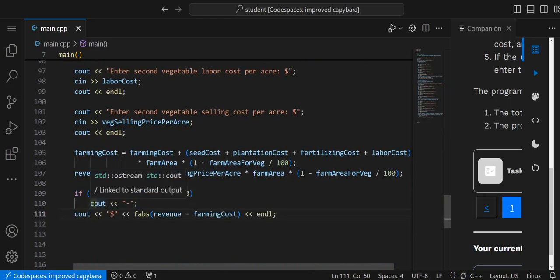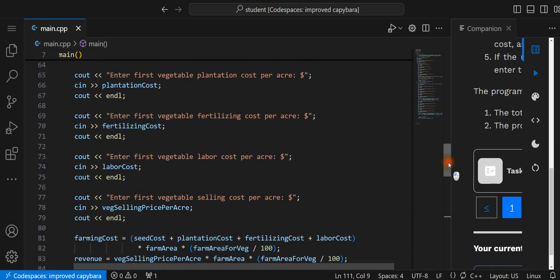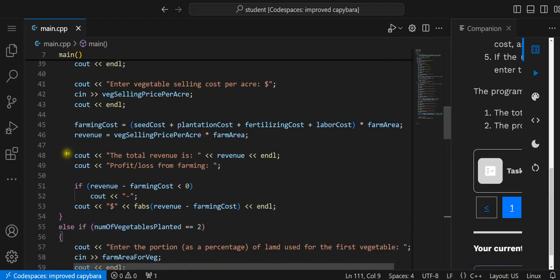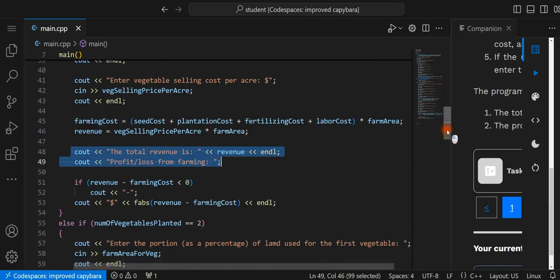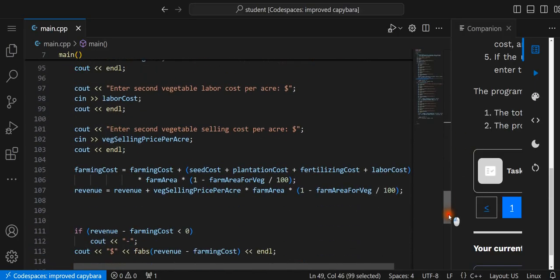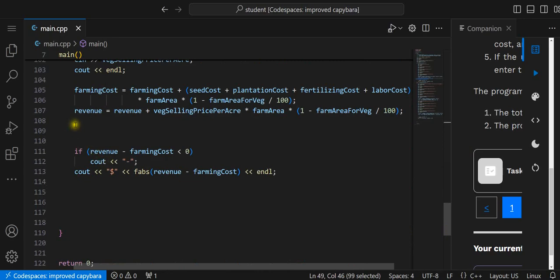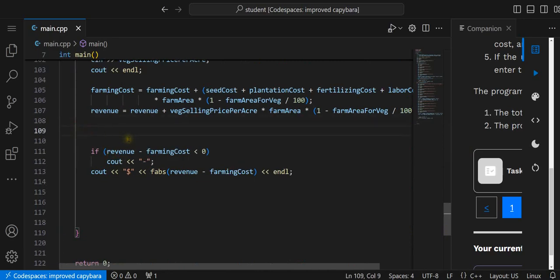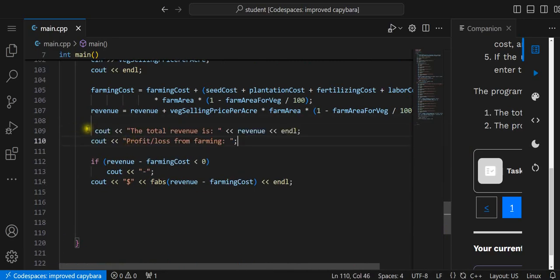Alright. Got to do one more thing before that. So that's the same too. Total revenue is this one again, for the if statement. Let's see if this works out. Alright, there we go.